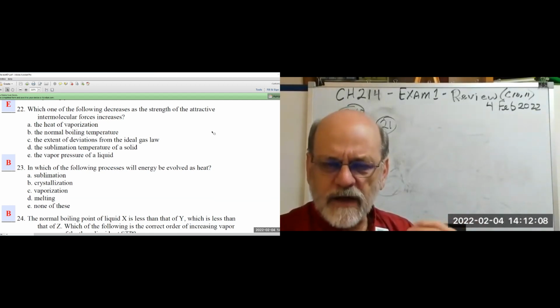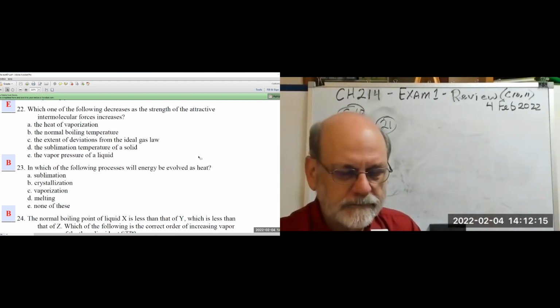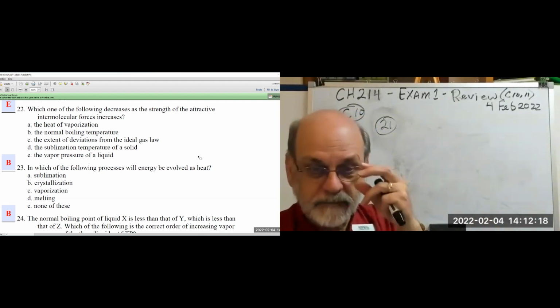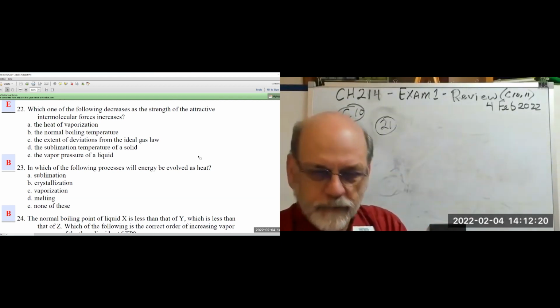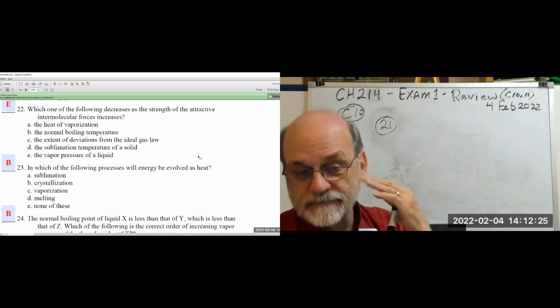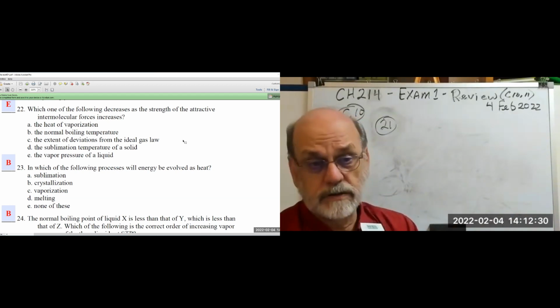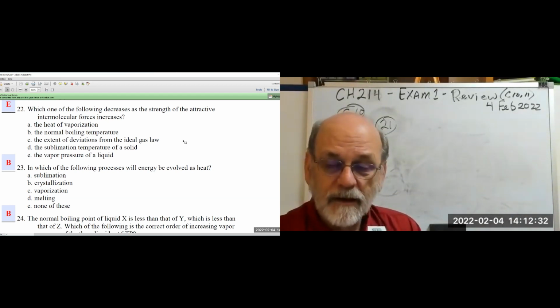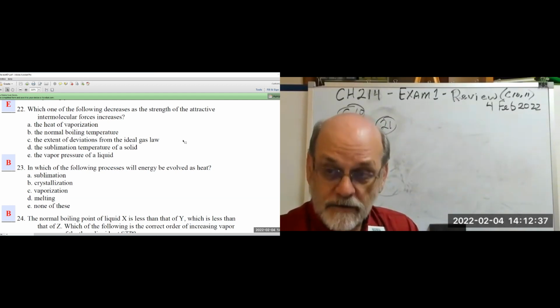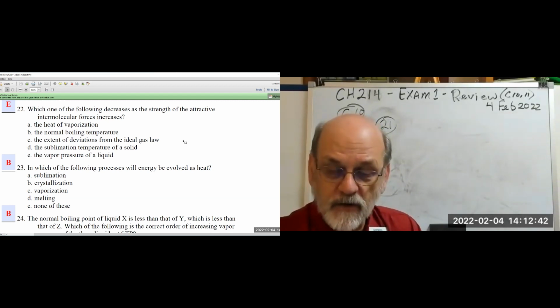Remember, all of the other measures of any type of matter, whether it's boiling point, freezing point, sublimation temperature, vapor pressure. Everything but vapor pressure increases its measured value as the intermolecular forces increase.